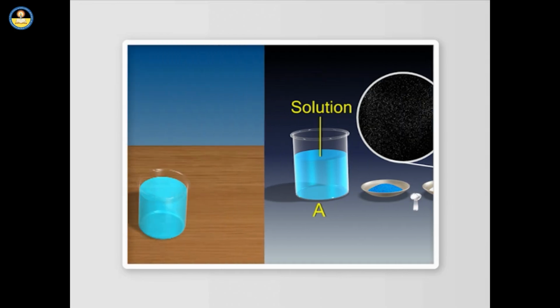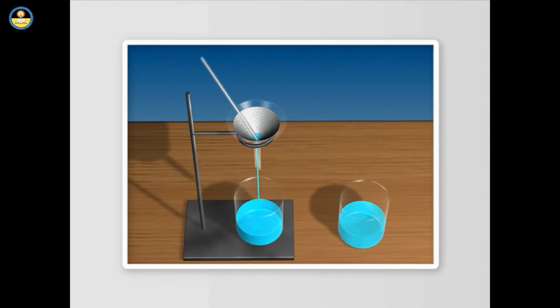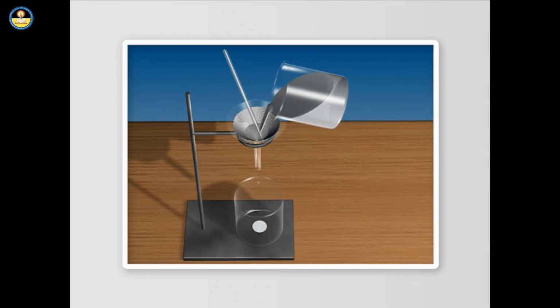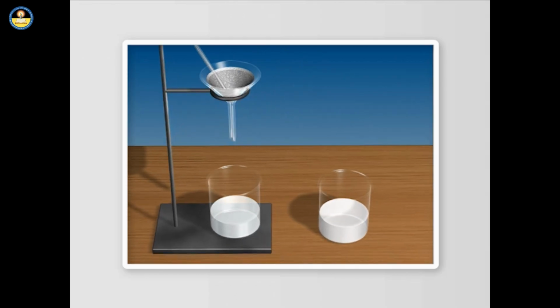When we filter the copper sulfate solution, we find that no residue is left on the filter paper. When we filter the suspension, residue is left on the filter paper. Liquid collected from the filtration is called the filtrate.